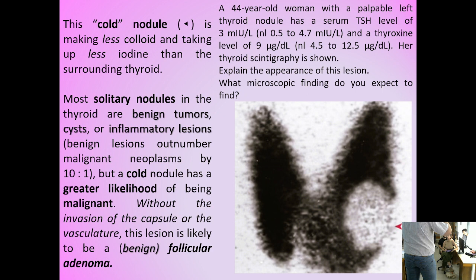If it is fully encapsulated, if it compresses the adjacent thyroid parenchyma, which thus becomes atrophic, or it looks different than the follicles we have in the nodule, and we see no invasion in the capsule and furthermore outside of the capsule, with no vascular emboli, that would be consistent with the diagnosis of a benign lesion with follicular differentiation.